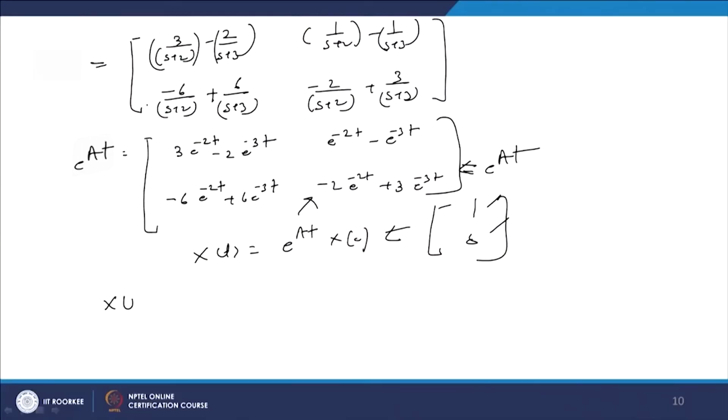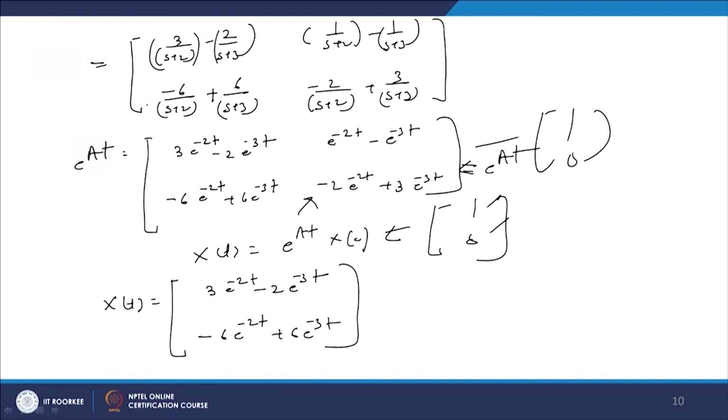That is finally we will get the value of x of t equal to 3 e raised to minus 2t minus 2 e raised to minus 3t, minus 6 e raised to minus 2t plus 6 e raised to minus 3t. That means in this example, because we multiplied this 1 0 with this, this multiplied by this, and this portion becomes 0, even this is 0, remaining only this part.